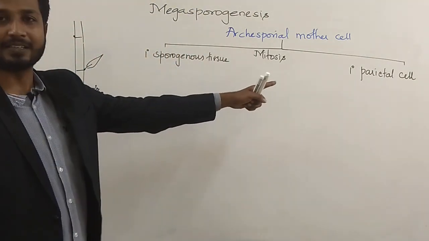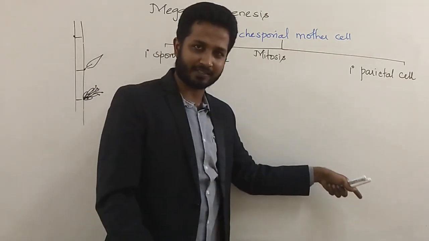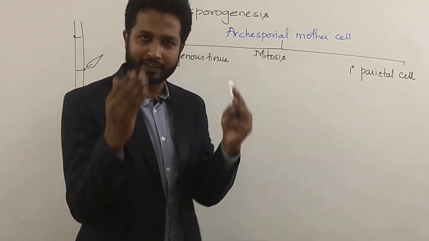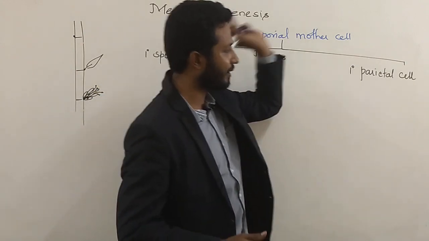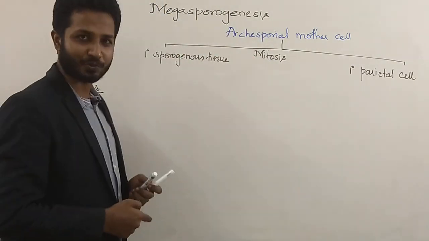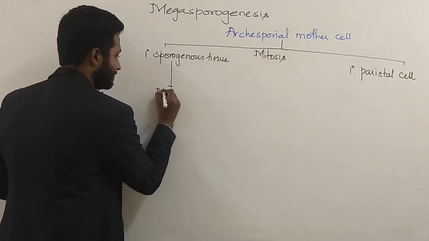The primary parietal cell in case of microsporogenesis developed 4 wall layers. Even here, the primary parietal cell is going to develop integuments and nucellus, which is the outer wall layer. So the outer wall layer will be developed by that cell. What is the function of sporogenous tissue? It is now going to differentiate into MMC.